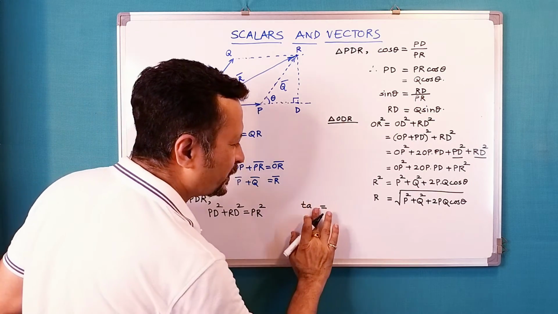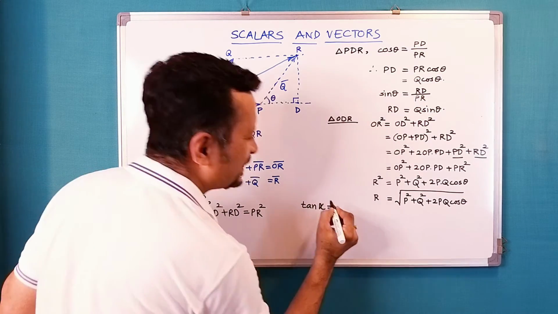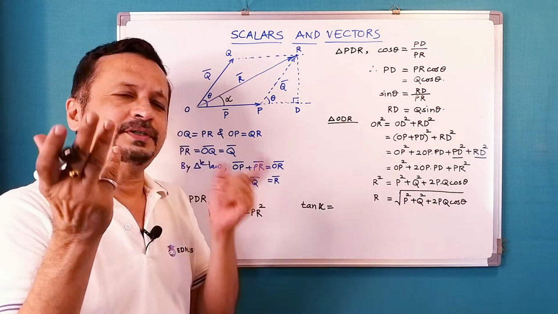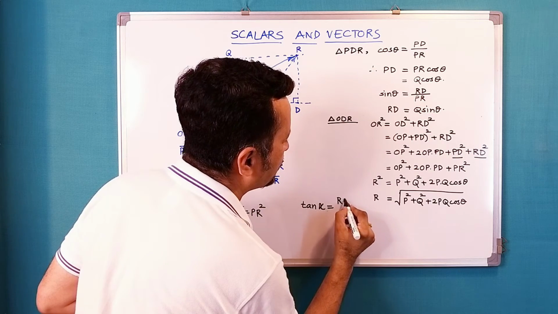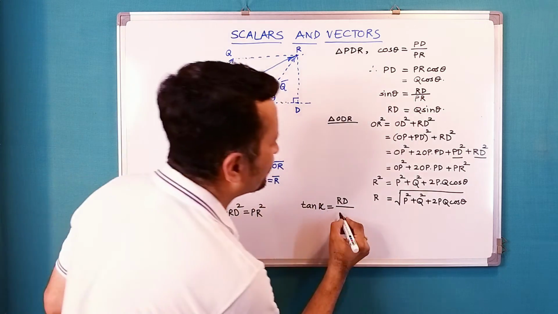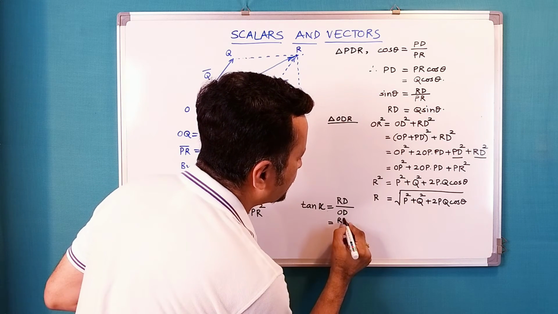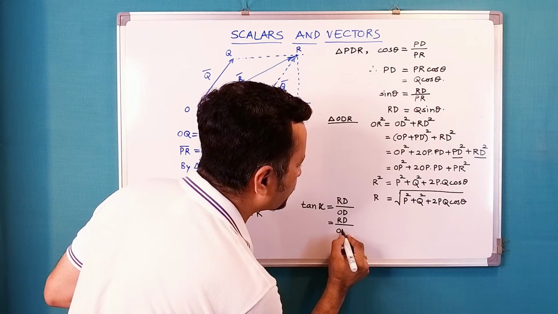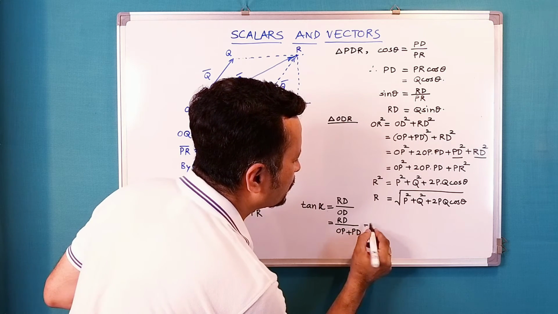Tan alpha is opposite upon adjacent, so opposite is RD upon my adjacent, which is OD. So RD upon OP plus PD, correct?